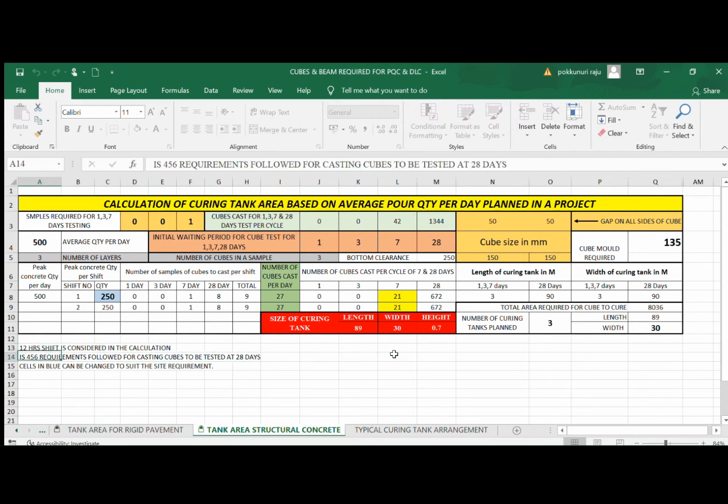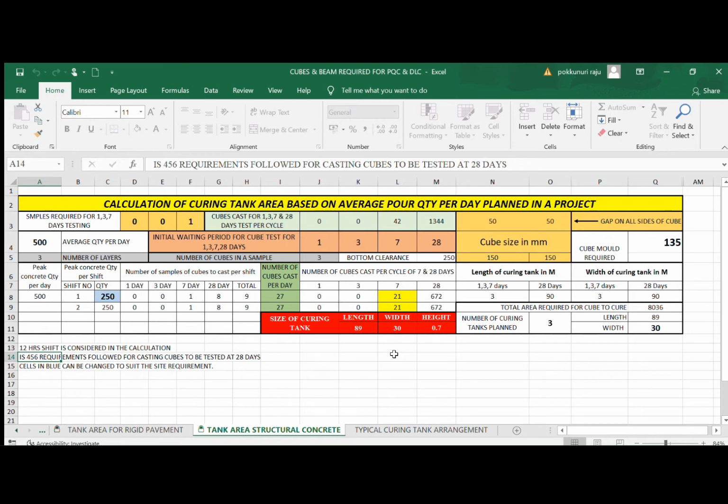But it's always recommended that your curing tank should be closed, because if it is closed, it will not be directly affected by the ambient temperatures. If it is open to the sky, then during the summer the temperature will be very high, because the ambient temperature goes around 45 in some parts of the country, and in winter it goes close to zero in some parts of the country.